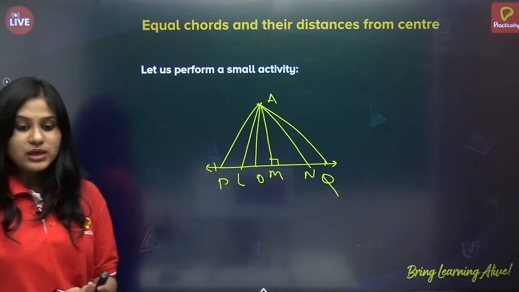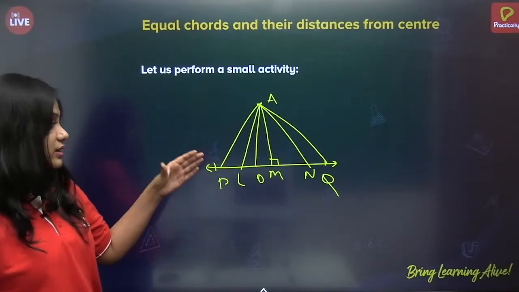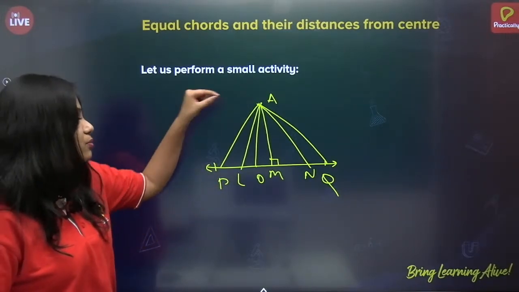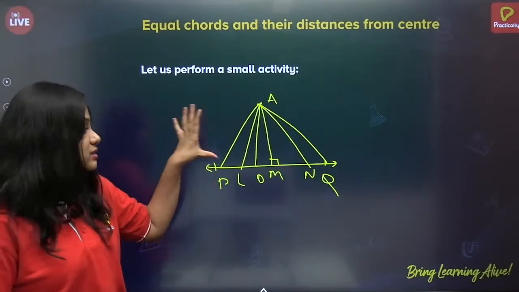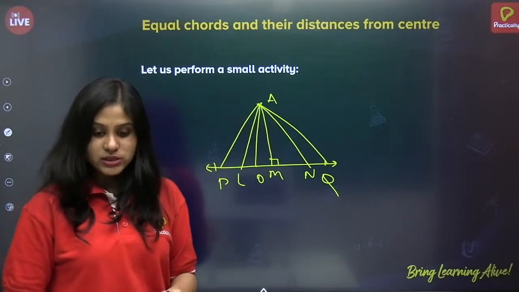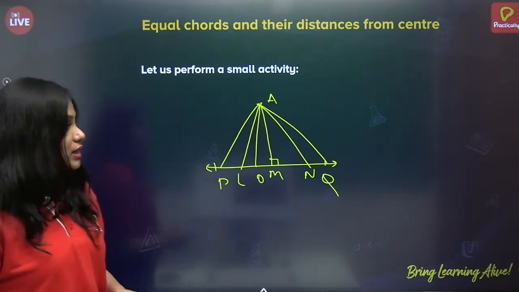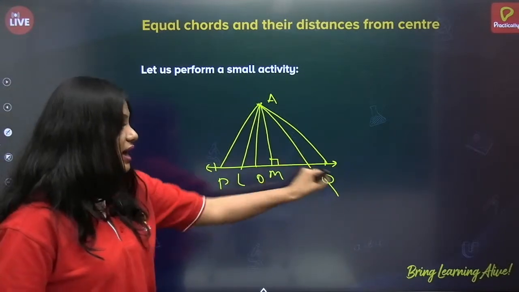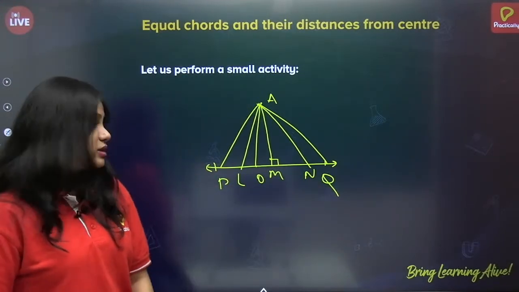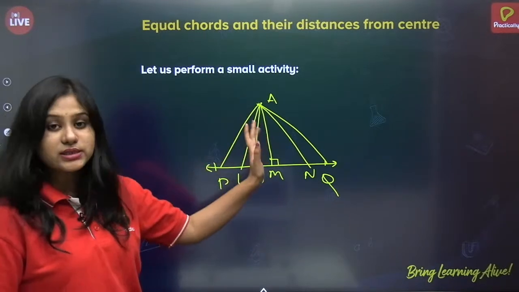Now tell me, if I want to ask you the distance between point A and line PQ, what will you tell as the distance? Type in the comments. What is the distance between point A and the line PQ? Just name which line segment is the distance.